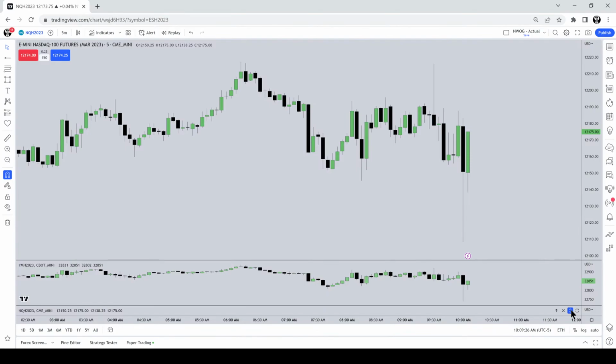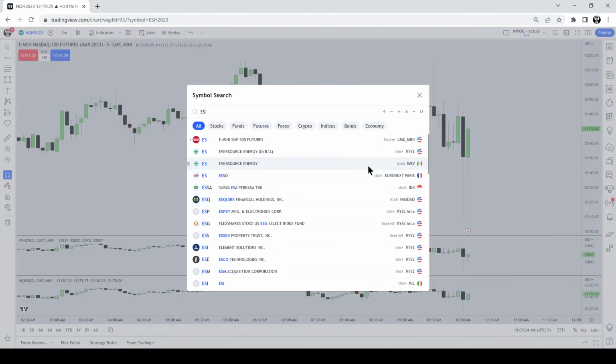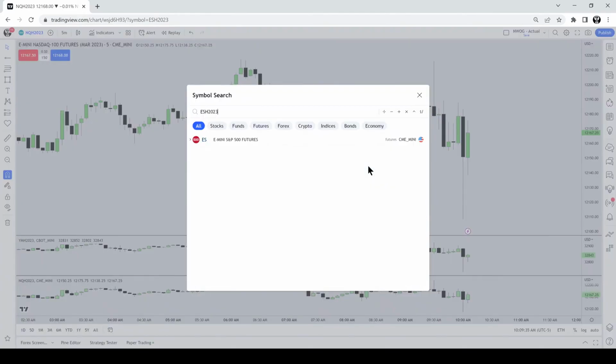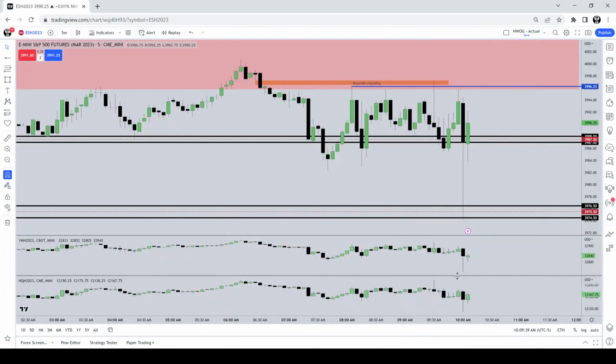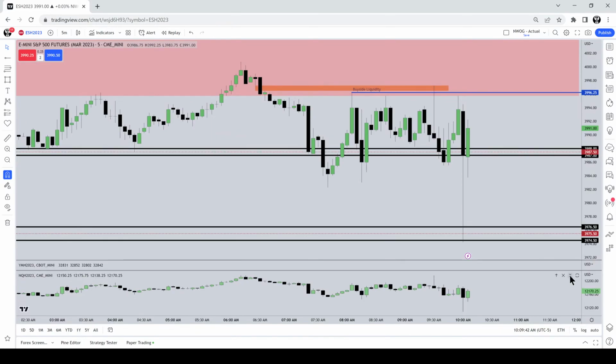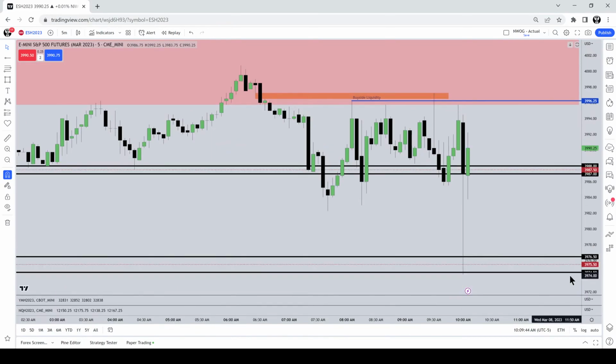So let's go back to ES and let's see it. That's all it is, just comparing. Nothing in here outside of what was just delivered there is of any importance to me now. I'd be interested to see if it can mount a deeper run into that 60-minute fair value gap.